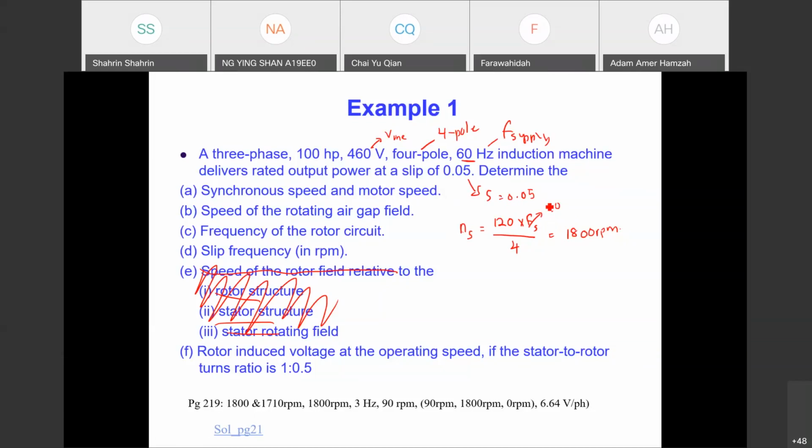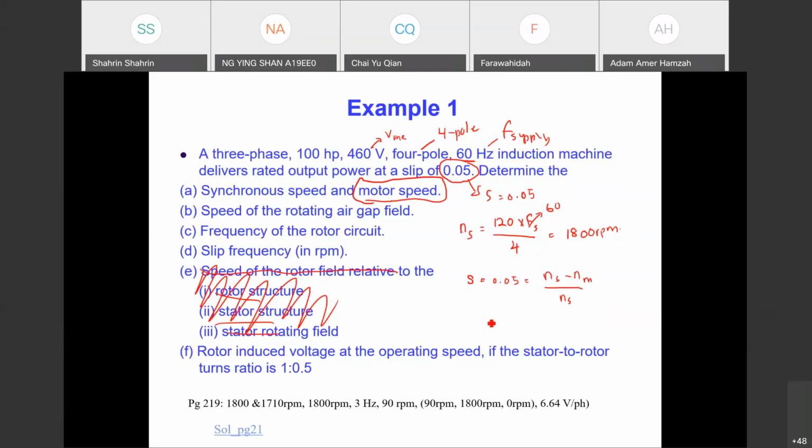Okay. And how to obtain the motor speed? This motor speed you can obtain by using the slip. This slip is actually the difference between motor speed and synchronous speed. So slip is 0.05, use this equation, (ns minus nm) over ns.